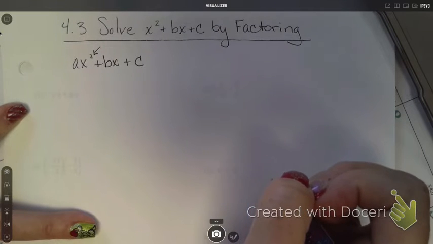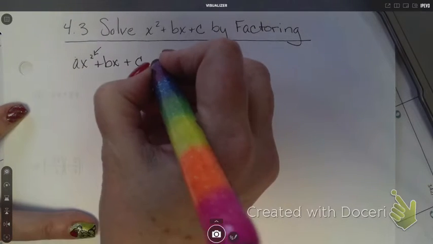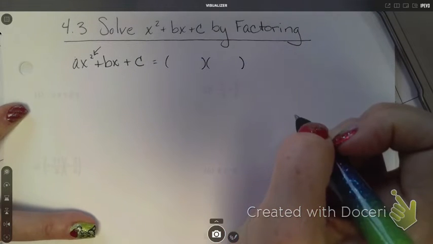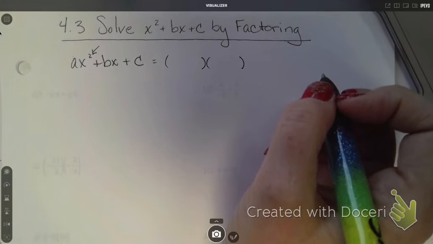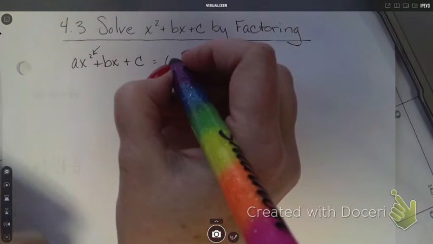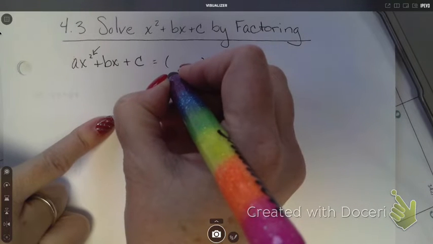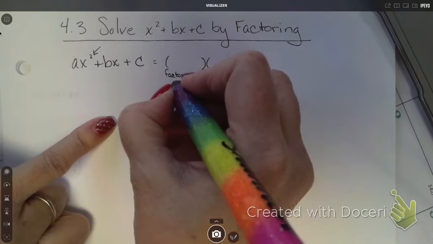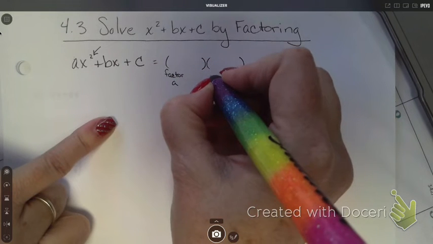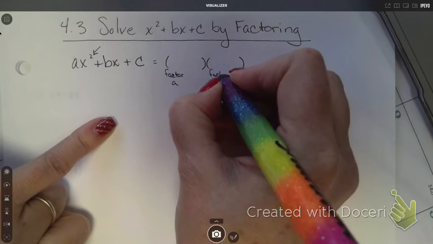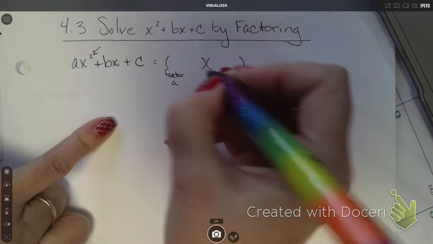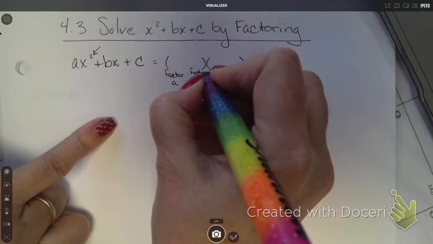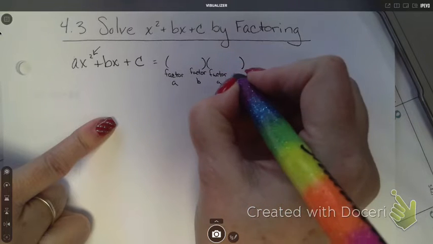This will factor into 2 binomials, and we will have the factors of A in the first position and the factors of B in the second.